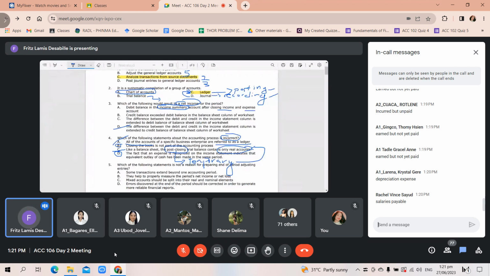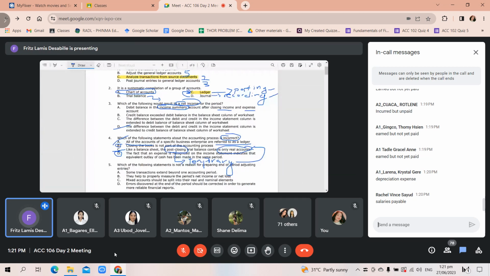What you close in your closing entries are only the income statement accounts, to make them from temporary to permanent. However, is that termed closing the books?